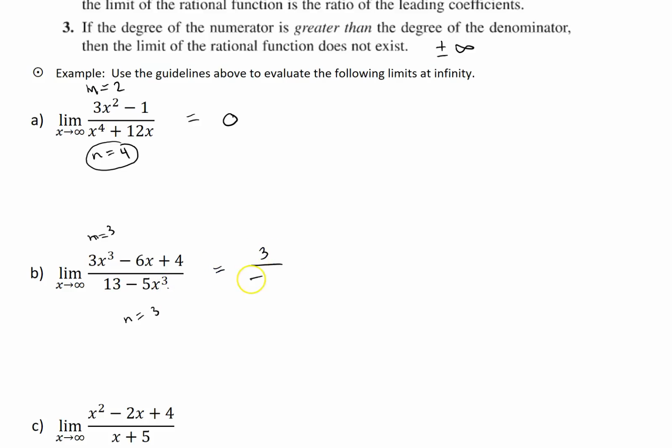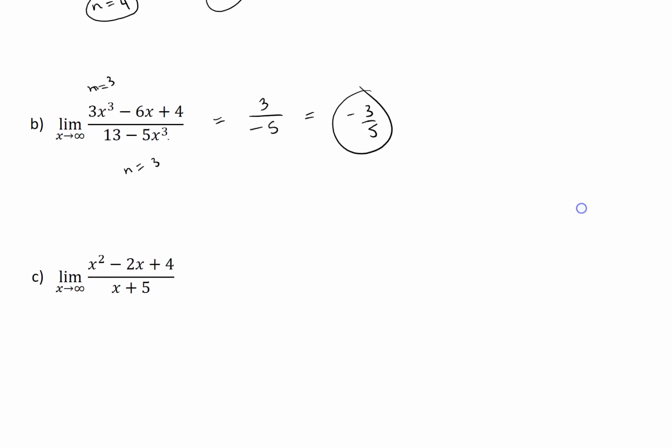So that'll be 3 divided by -5, or -3/5. So those are my answers. And in this case, my m would be 2 and my n would be 1, so the numerator would win. And this is going to go to plus or minus infinity, and you just want to check. I've got a large positive number that's being squared and divided by a large positive number, so that is going to be positive infinity. So that would be my answer there.